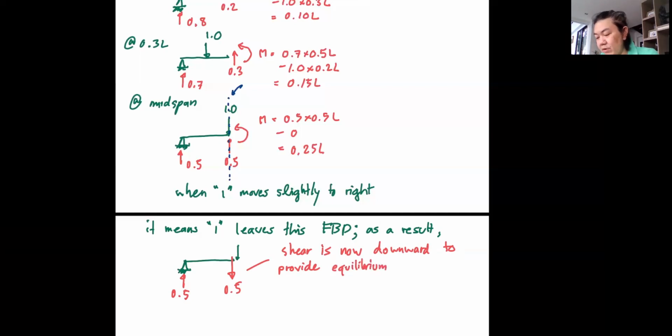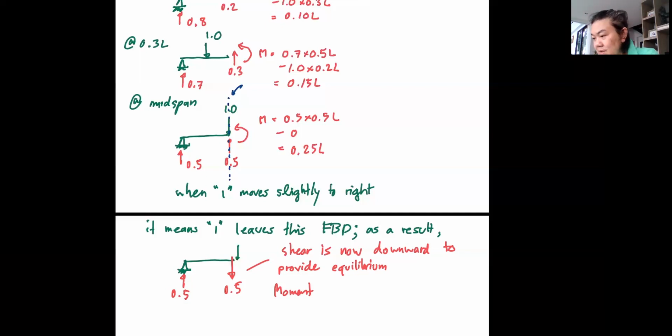And you see, when you take the moment at midspan, the load is only slightly to the right, so fractionally to the right. So when you take the moment here, we can say the load passes through this point, so it's 0.